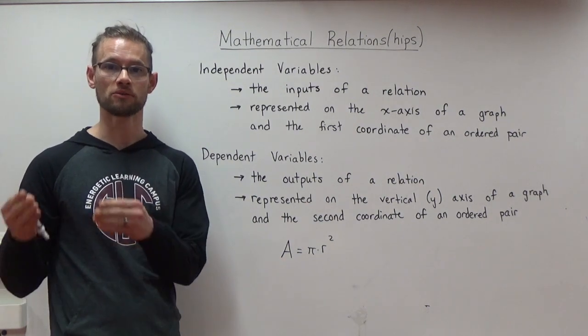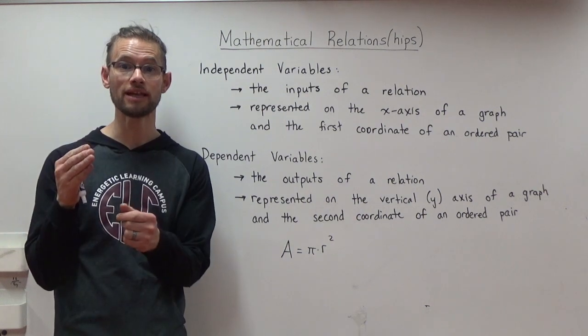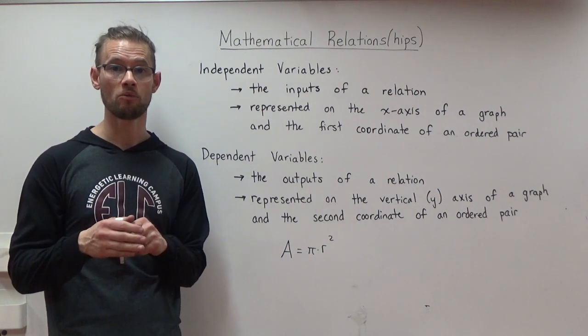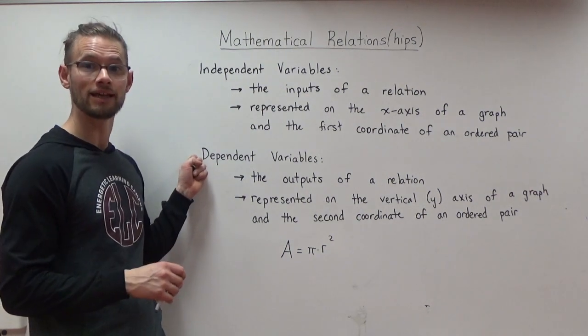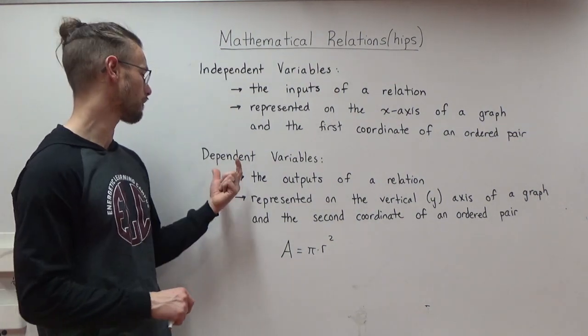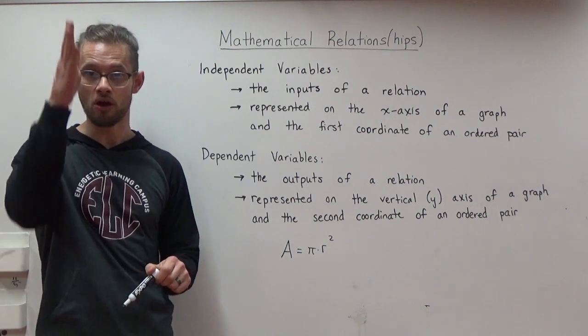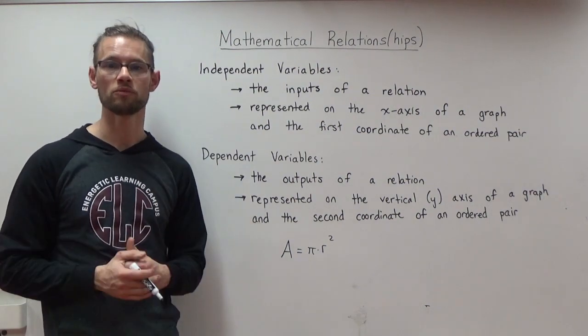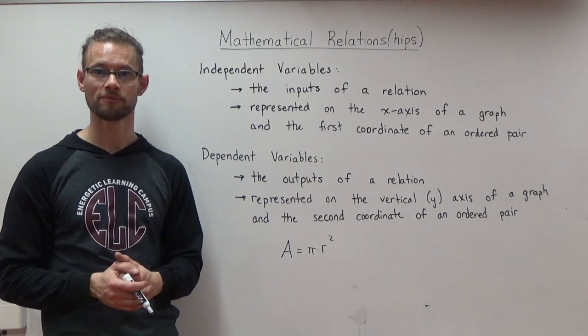If we want to represent the relationship between the altitude of a plane and the time it's in the air, well, the altitude of the plane depends on how long the plane is in the air. Therefore, our altitude would be on our vertical axis, and time would be on our horizontal axis.